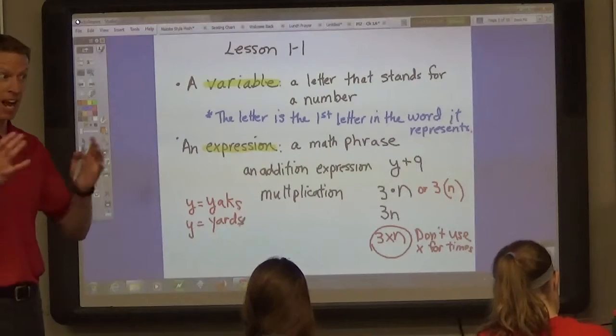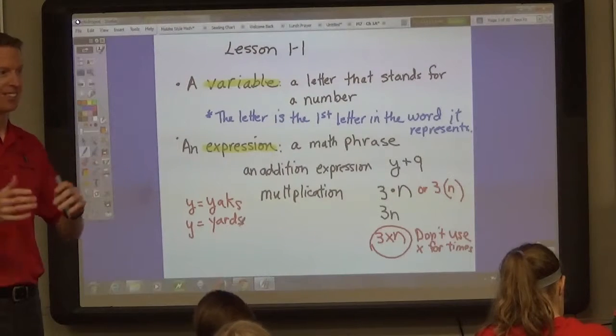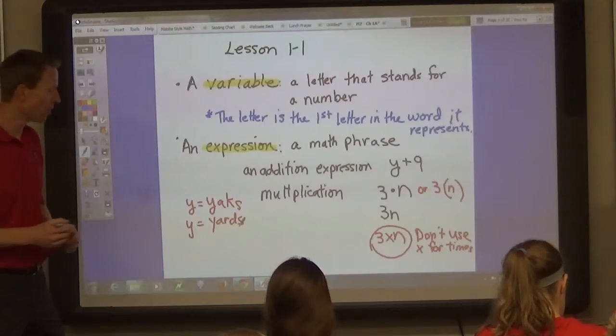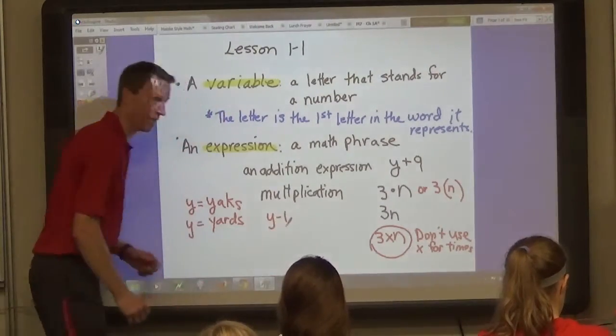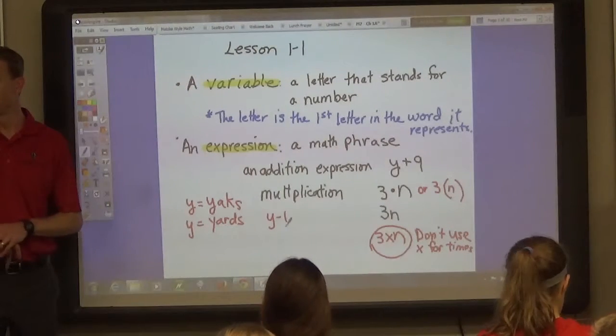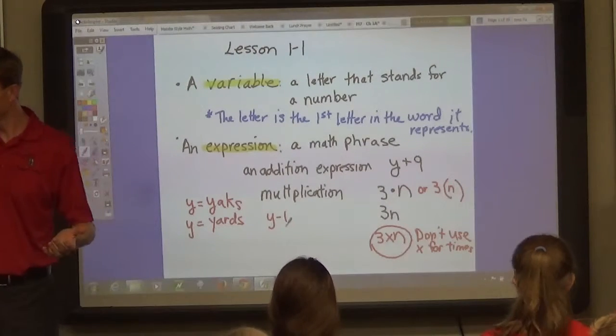Maybe they had some yaks, and then one of them perished. Got sick and died. So then they could write the expression y minus 1 to express the perishing of the yak.